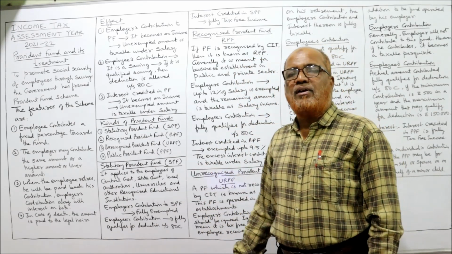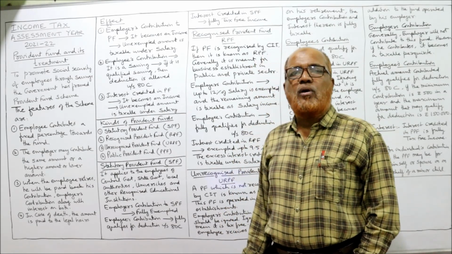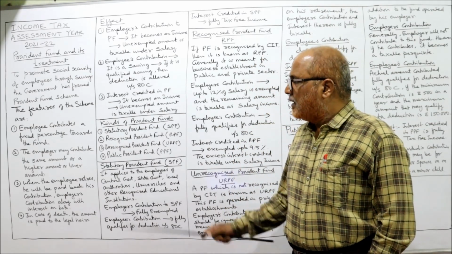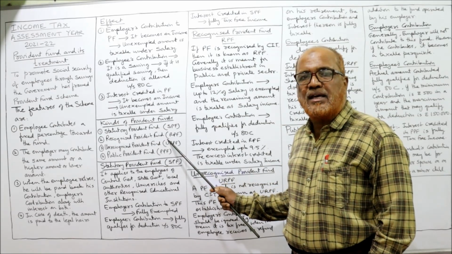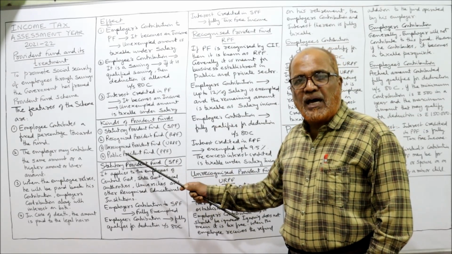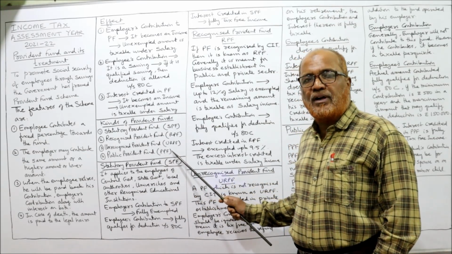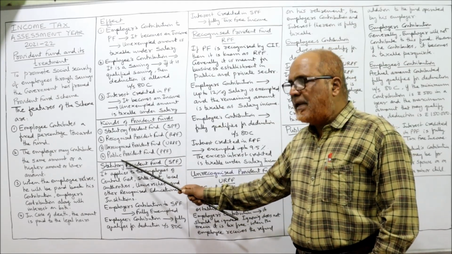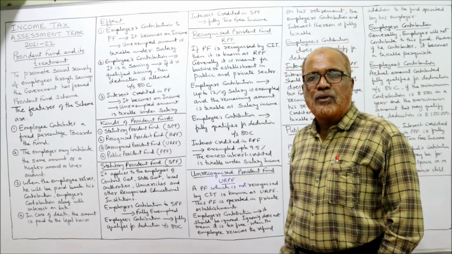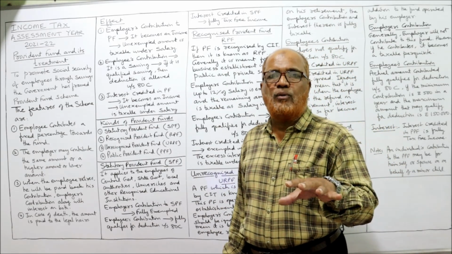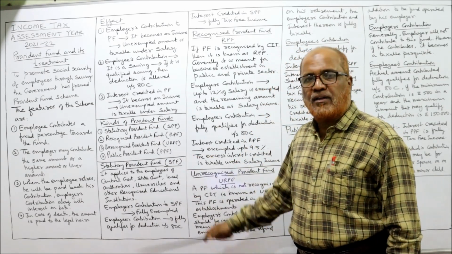Now, kinds of Provident Fund. Broadly, we have 4 types of Provident Fund: Statutory Provident Fund, SPF; Recognized Provident Fund, RPF; Unrecognized Provident Fund, URPF; and Public Provident Fund, PPF. So from the income tax point of view, 4 types of Provident Fund are there.